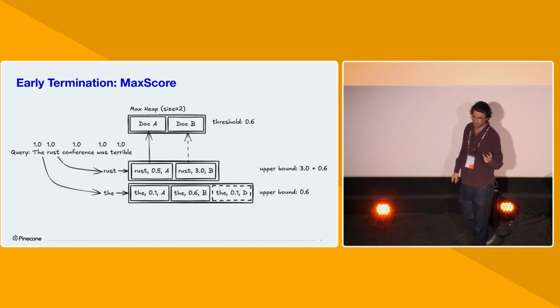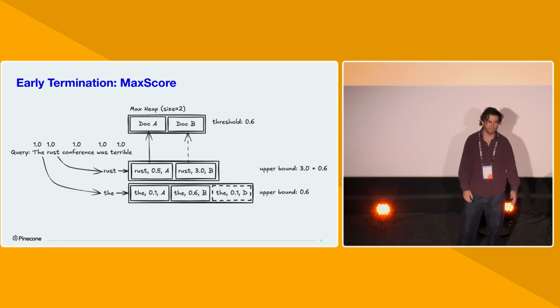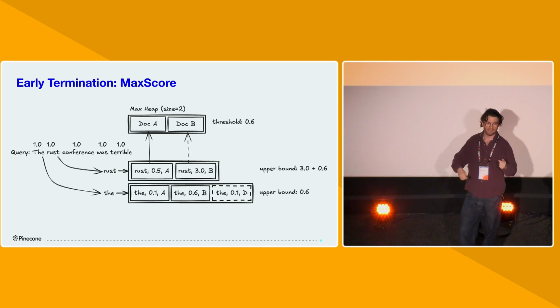First, I'll cover some of these approaches for sparse indexes. So early termination is a methodology whereby we basically find a bounding condition. I don't know if any of you are familiar with this algorithm, but essentially, as I talked about earlier, we have this concept of posting lists where you look up some words like "the Rust", and then you try to find the relevant documents.